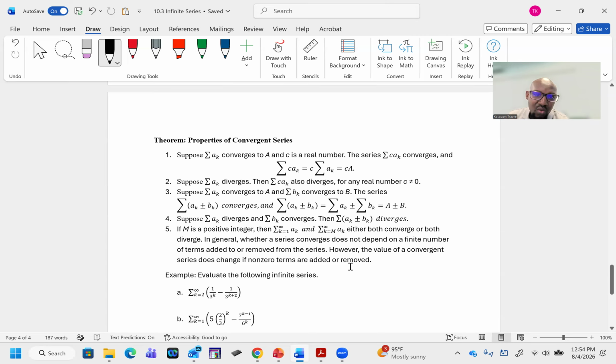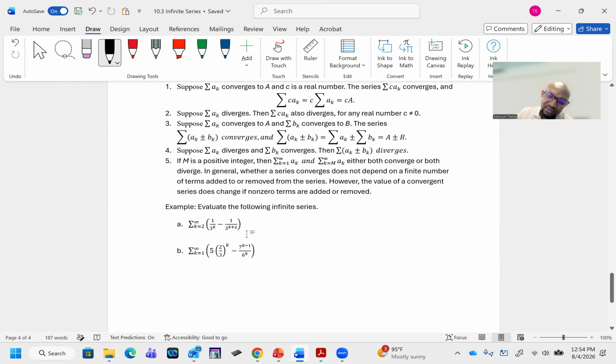In general, whether a series converges does not depend on the finite number of terms added to or removed from the series, right? However, the value of a convergent series does change if non-zero terms are added or removed. Let's do these two examples.